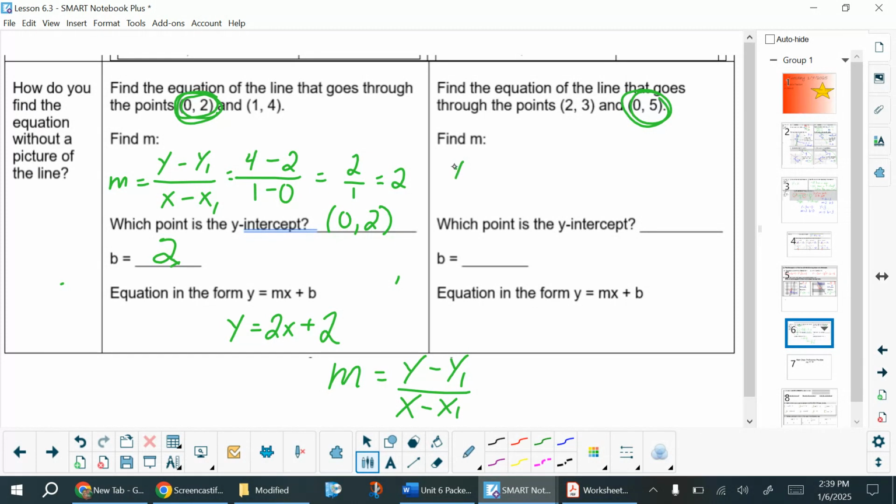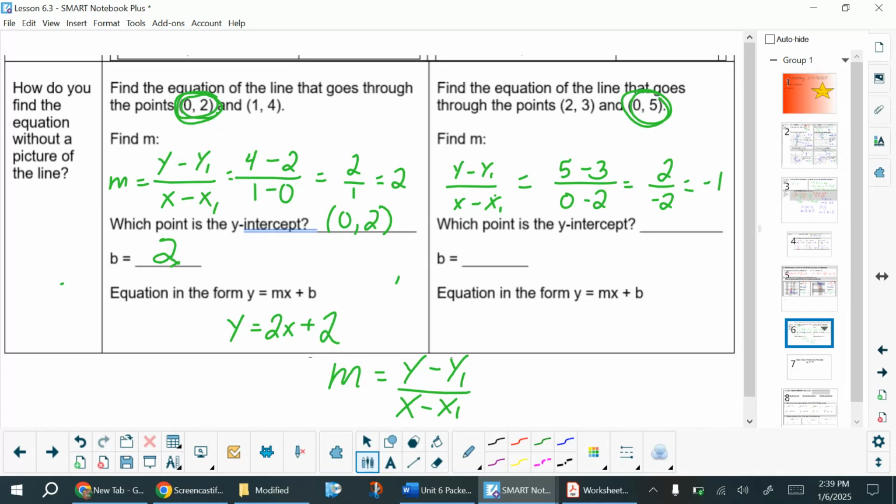I'm going to do my y minus my y1 over my x minus my x1. And I'll always plug them in this way, 5 minus 3, and then 0 minus 2. So on the top, 5 minus 3 is 2, 0 minus 2 is negative 2. Well, 2 divided by negative 2 is negative 1.